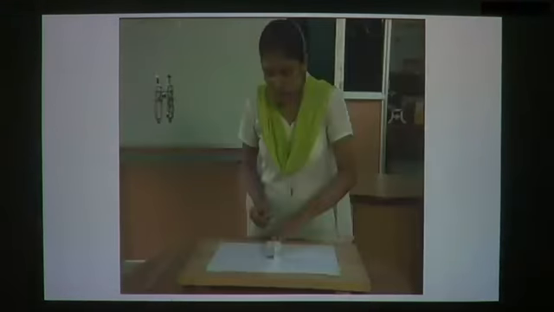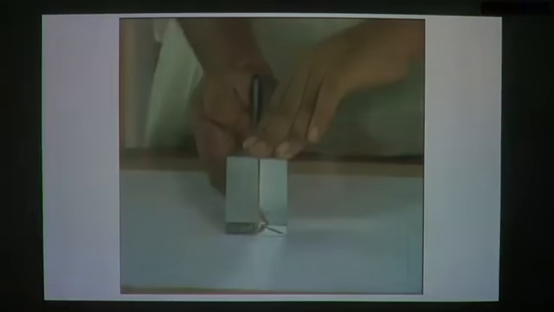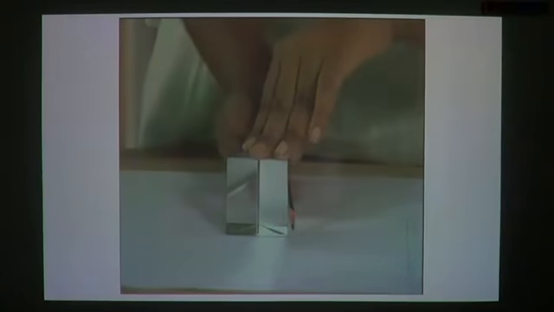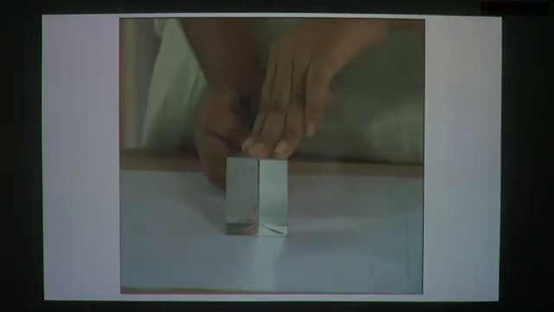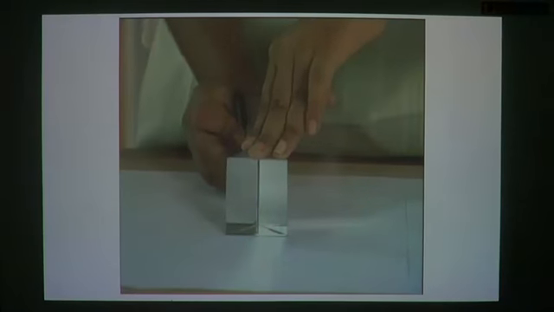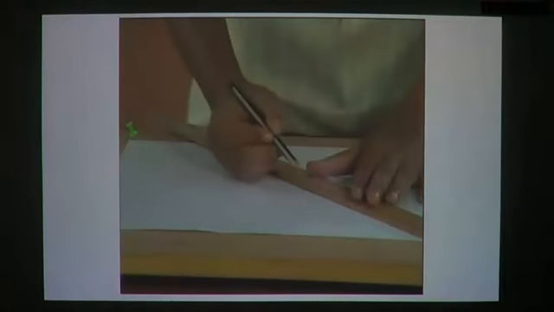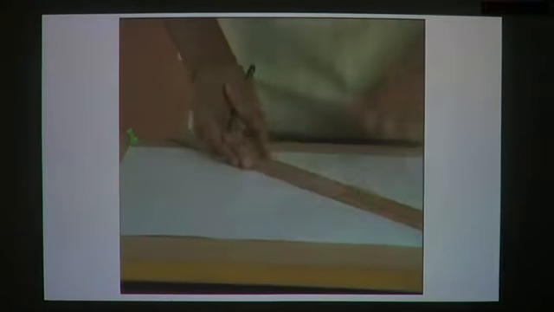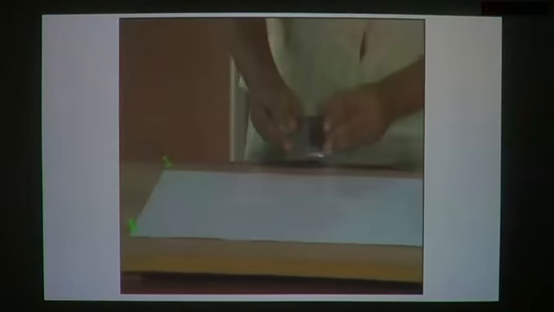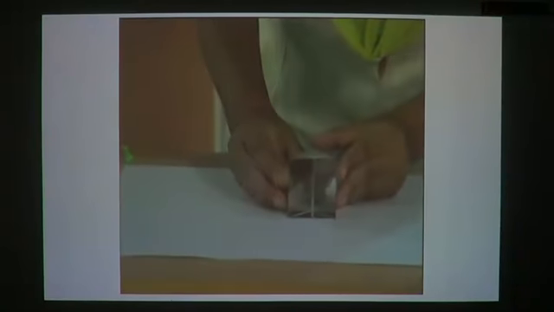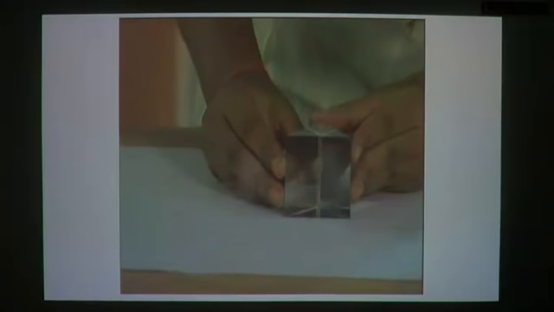Then draw the outline of the prism. Then draw an inclined straight line to the base of the prism, making an angle of 30 degrees using a protractor. Then put the prism on the base.